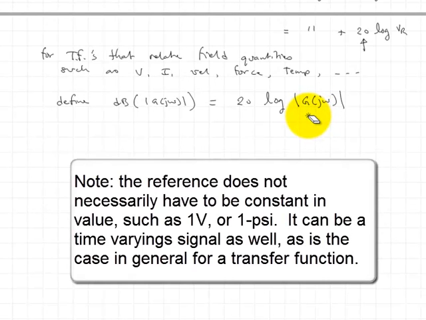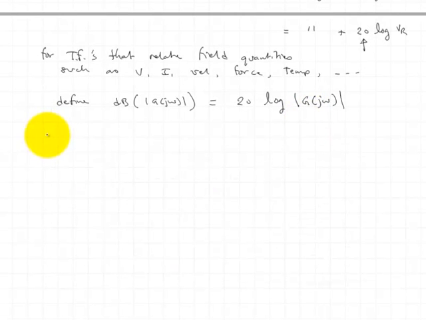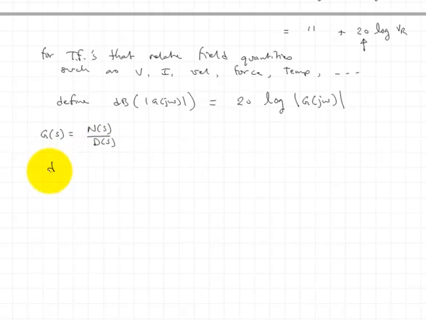Okay, now we can return to what we had written a little ways back, which is G of s equal to N of s over D of s. And now if I take the decibel value of the magnitude of G of j omega, I can write 20 times the log of the magnitude of N of j omega divided by the magnitude of D of j omega.